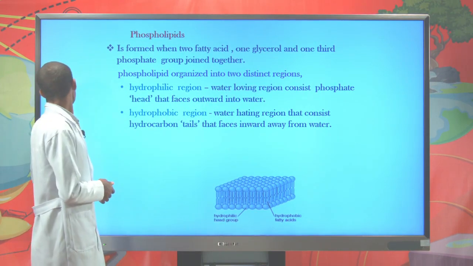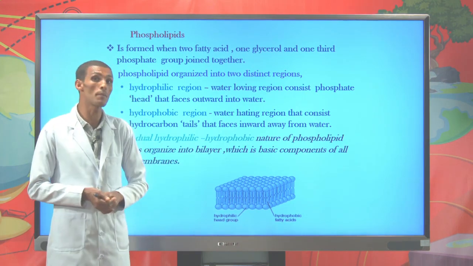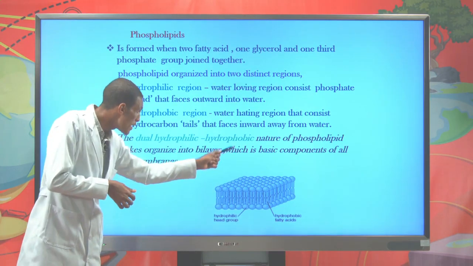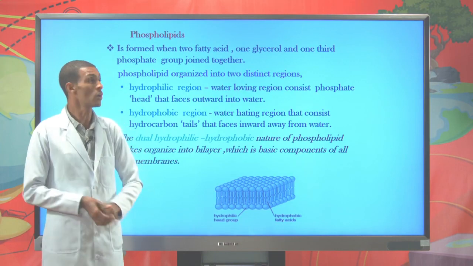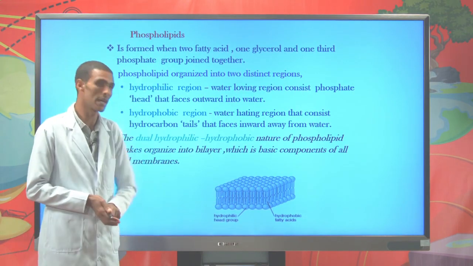This dual hydrophilic and hydrophobic nature of phospholipid is very important in making the membrane become arranged in a bilayer. So, phospholipid is the most important component of the membrane bilayer.